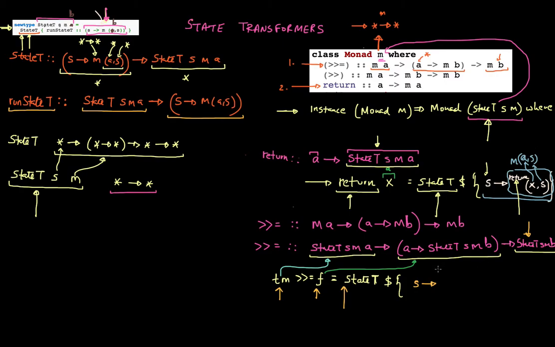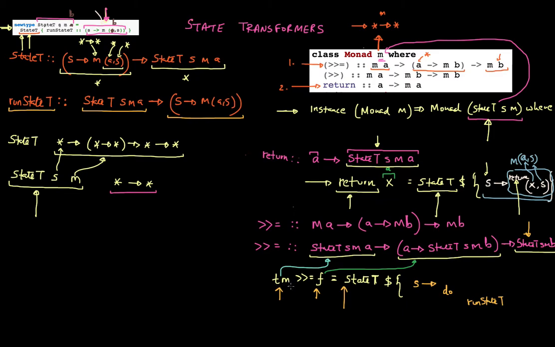because I'm going to deal now with tm, and tm is some monadic value. Okay, and because tm is some kind of a monadic value which is of this type StateT s m a, I can use my do block here. Okay, I'm just going to use a do block here, and I'm going to run my accessor runStateT on tm.